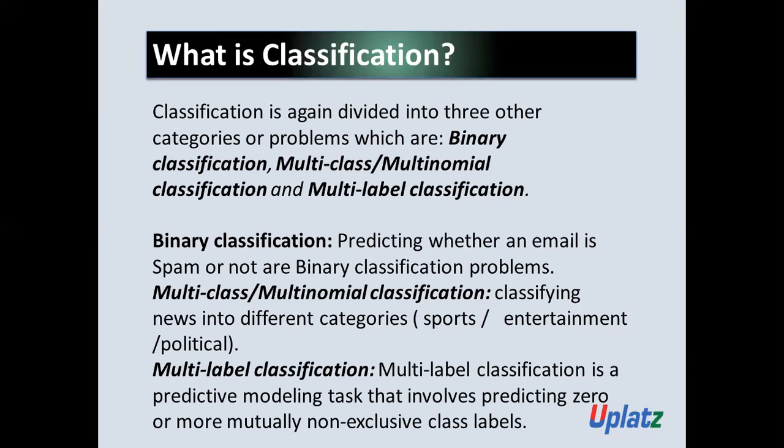Now multi-label classification. Multi-label classification is a predictive modeling task that involves predicting zero or more mutually non-exclusive class labels. So classification is divided into three categories: binary classification, multi-class or multinomial classification, and multi-label classification.